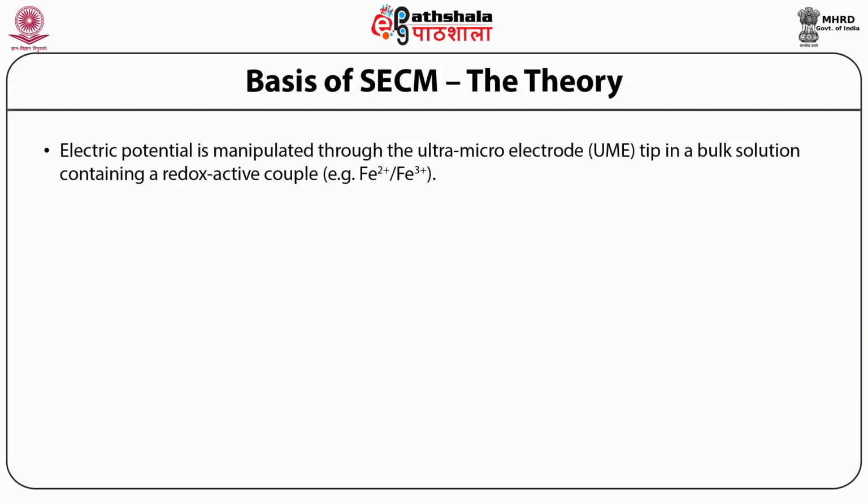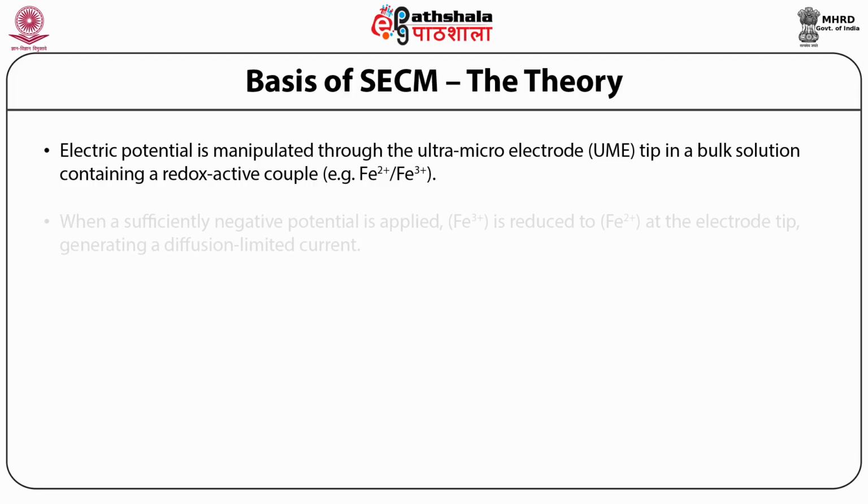Electric potential is applied through the ultramicroelectrode (UME) tip in a bulk solution containing a redox-active couple, for example Fe2+ or Fe3+.